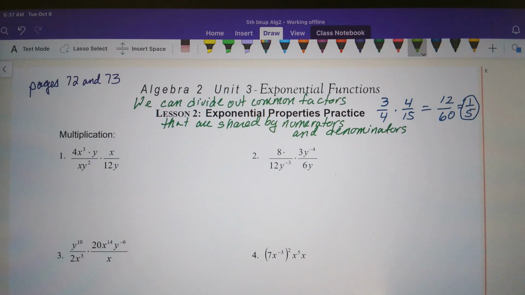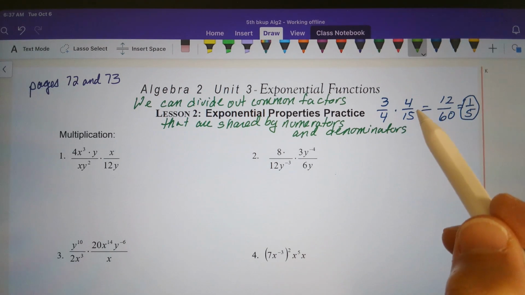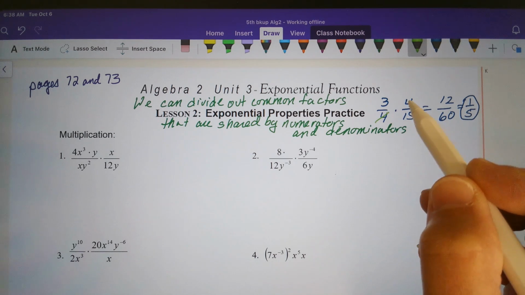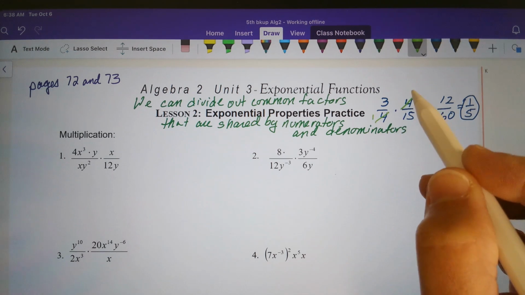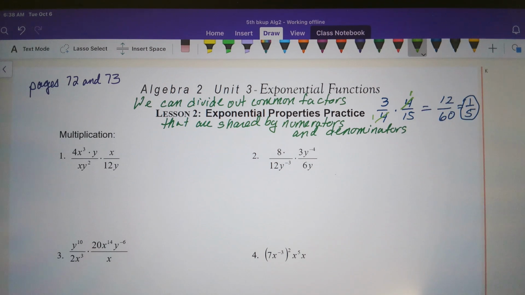In this case, we have our 3/4 times 4/15. This 4 in the denominator can divide out with the 4 in the numerator, and they are replaced with 1, because 4 goes into 4 once, 4 into 4 once.